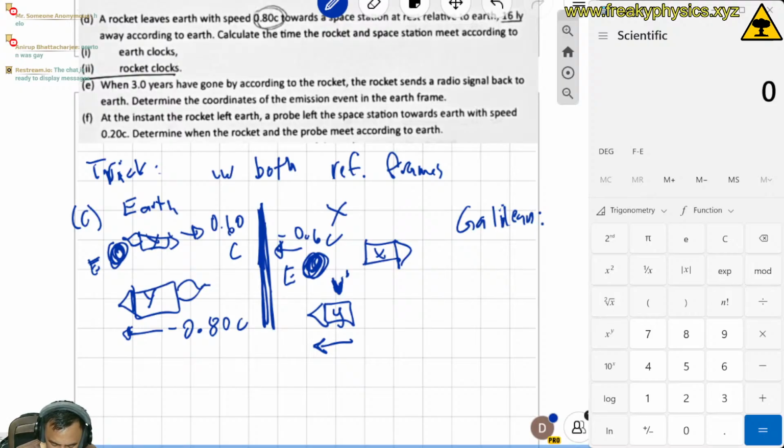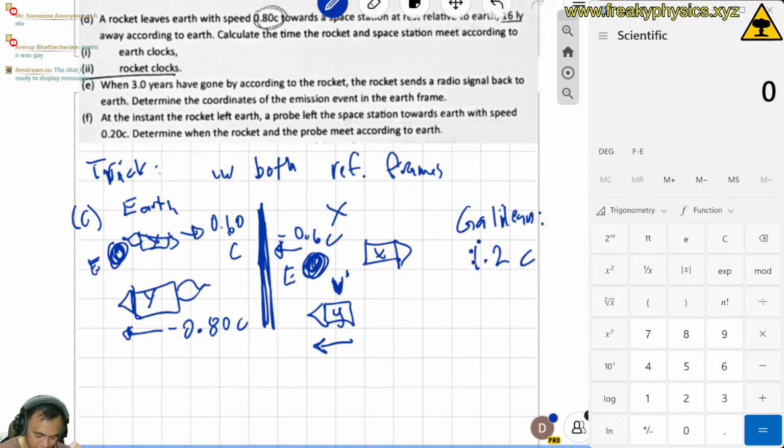Looking at the difference in these two speeds, according to Earth, that's going to be 1.2 c. It makes sense in this case because rocket X is moving away from rocket Y. For Galilean relativity, you just subtract the relative velocities of the reference frames, and that's how you get the relative velocity.